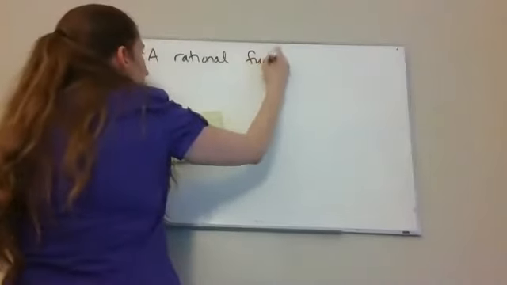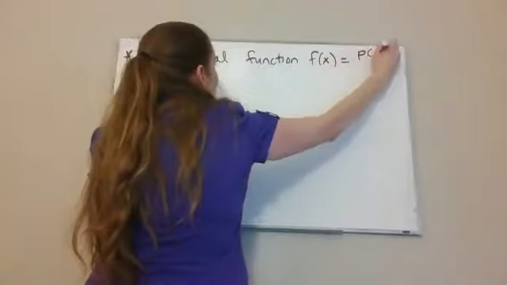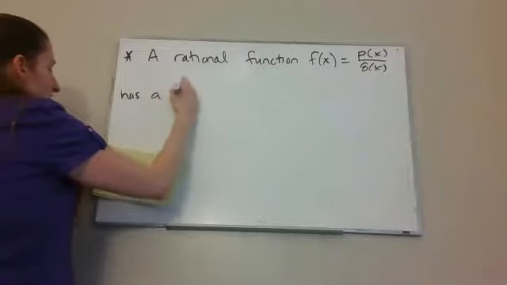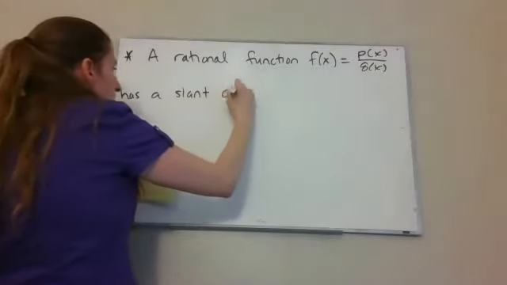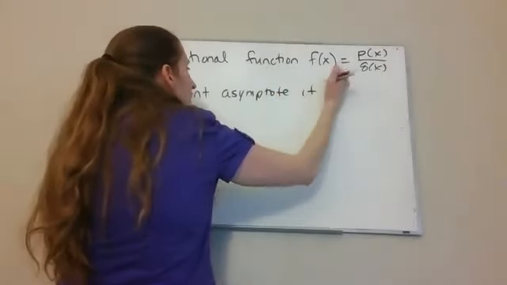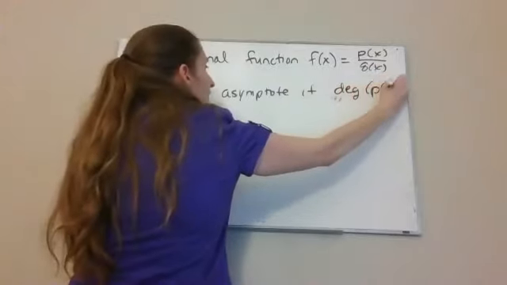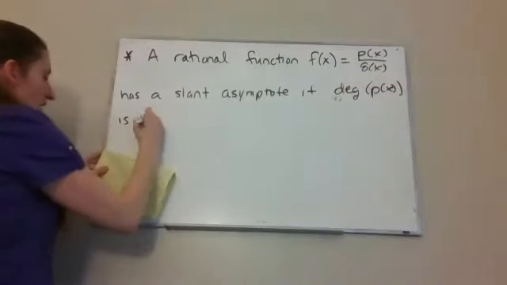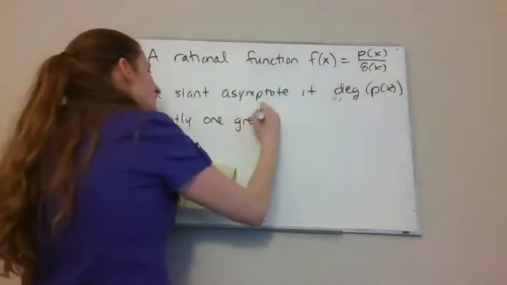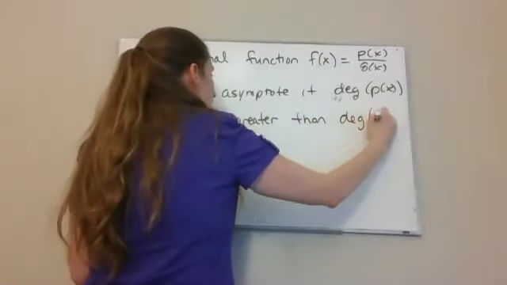Our rational function, P over Q, has a slant asymptote if the degree of P of x is exactly 1 greater than the degree of Q of x.